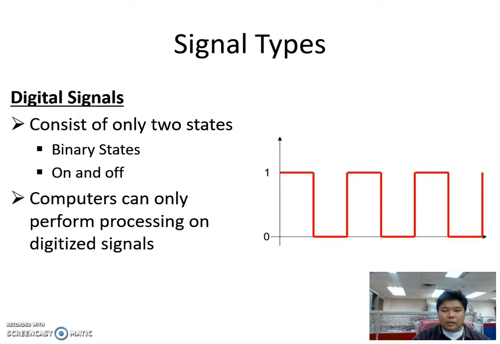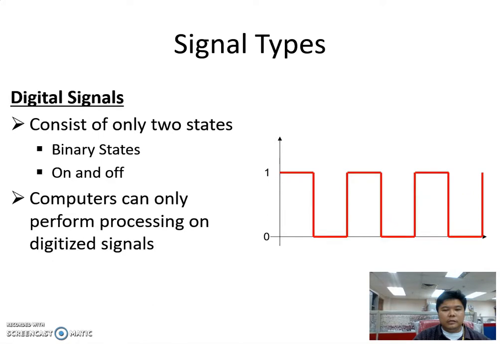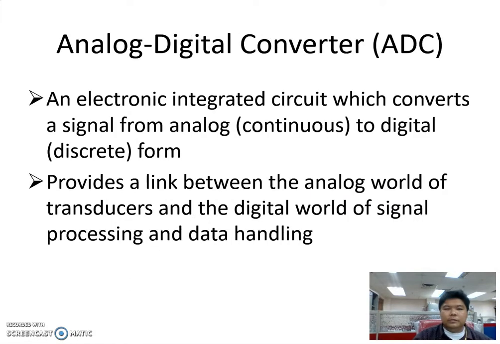So how do you mesh the analog and digital signals? To use an analog signal in a digital world, you need an analog to digital converter. An ADC is an electronic integrated circuit which converts a signal from analog, continuous form to digital, discrete form.